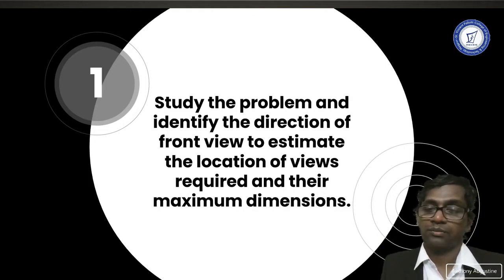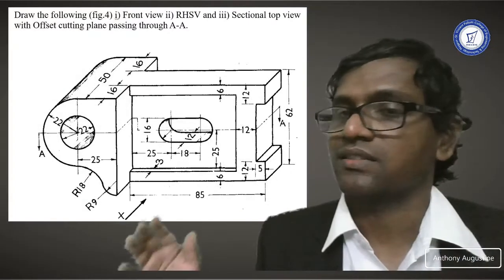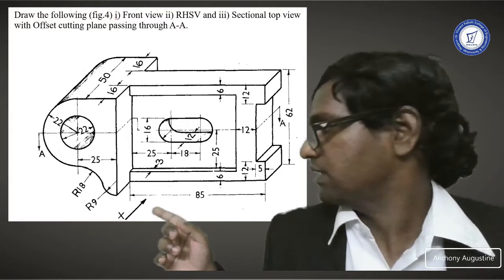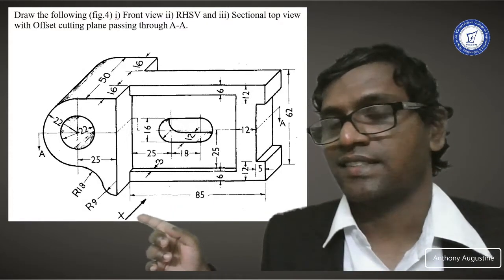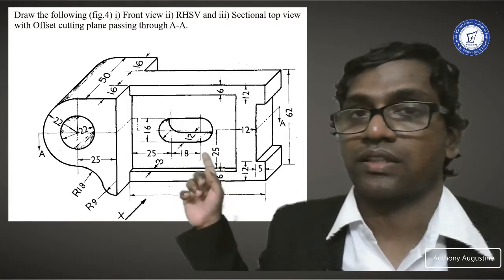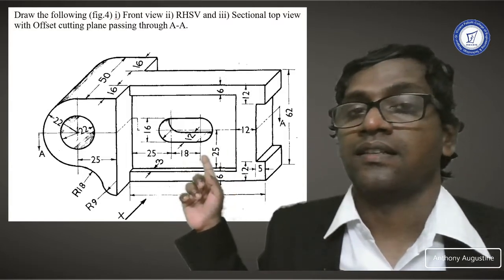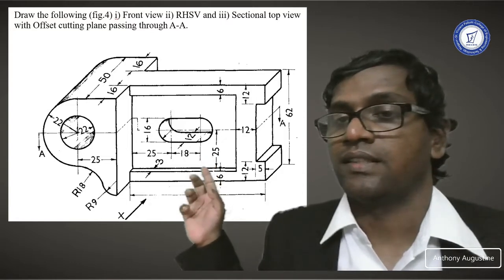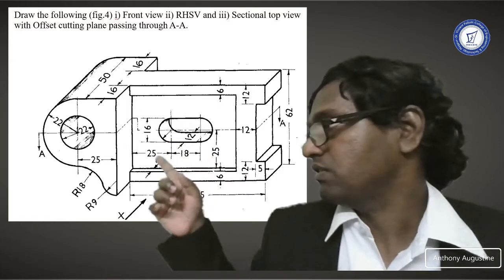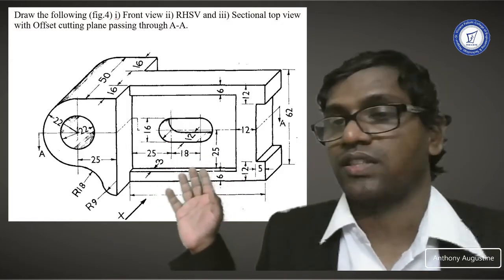So we proceed with the calculation of maximum dimension. Before that, this leader line with X shows that this face represents the front face of the object, and now I need to find the horizontal and the vertical dimensions, the maximum dimension of this front face.